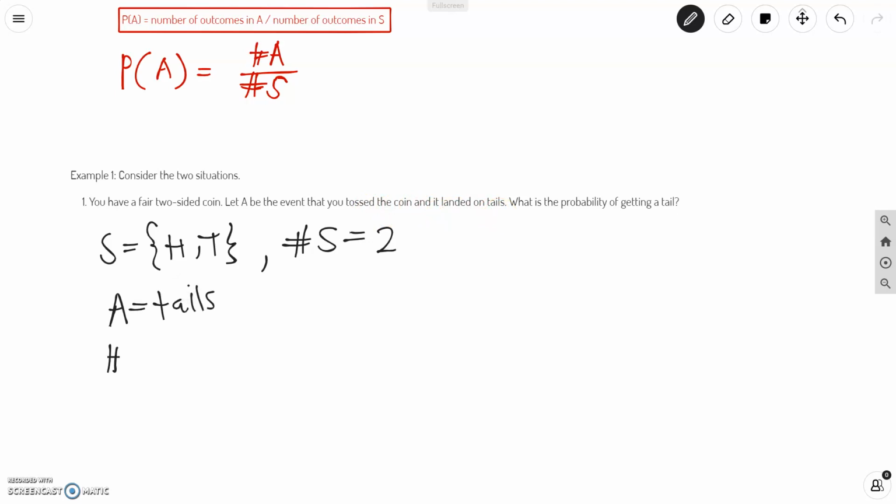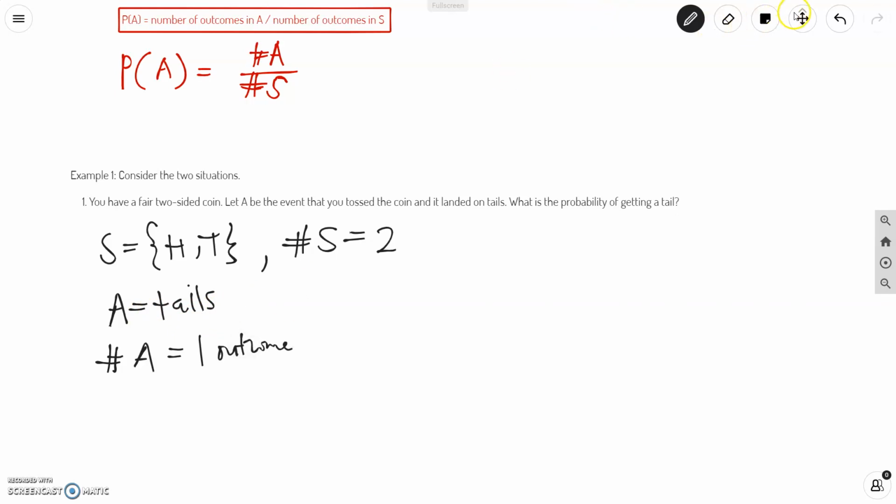And then the number of outcomes in A. To determine the number of outcomes in A, we're going to look at our sample space and find how many outcomes in the sample space actually satisfy our event A. If we look here, there is only one outcome out of the sample space that satisfies our event A. So the number of outcomes in A will be 1. So just one outcome.